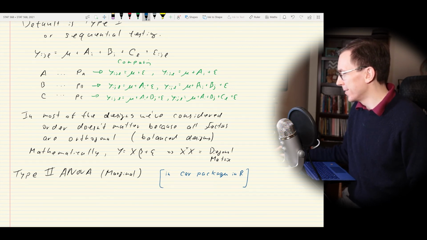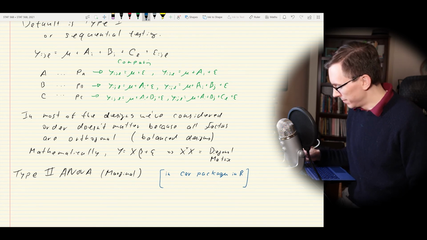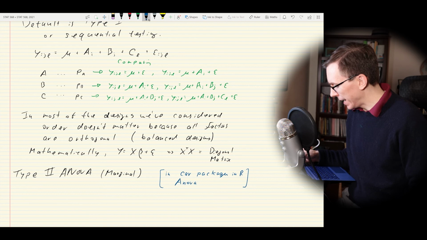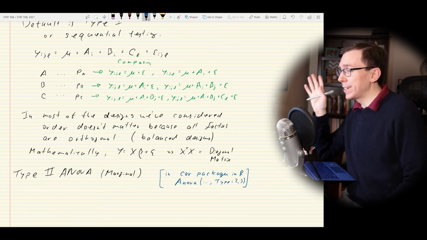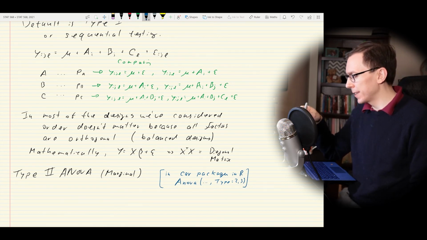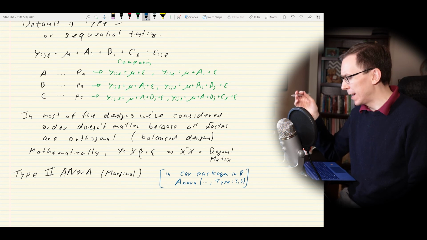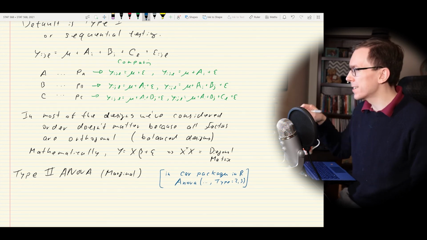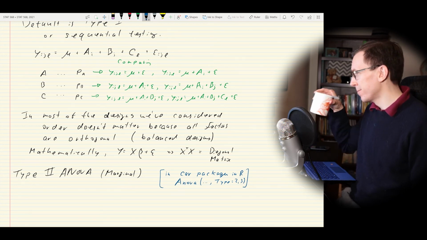Yeah, capital A, lowercase nova. And then you can throw in an argument and say type 2 or 3 or whatever you want. So you can do these, but you can't do them in the default R. You have to load in the car package, which is a standard one. It has a lot of nice functions in it.